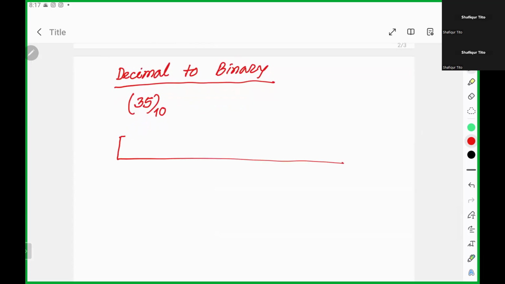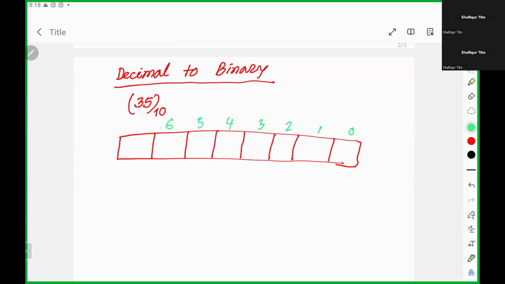So we'll write down this table. This table is useful. I find this an easier way of conversion, at least for 8-bit. So we'll write the positions 0, 1, 2, 3, 4, 5, 6, 7, and we'll write down the numbers corresponding to each bit.